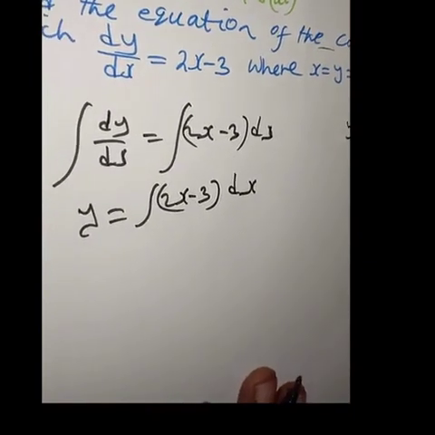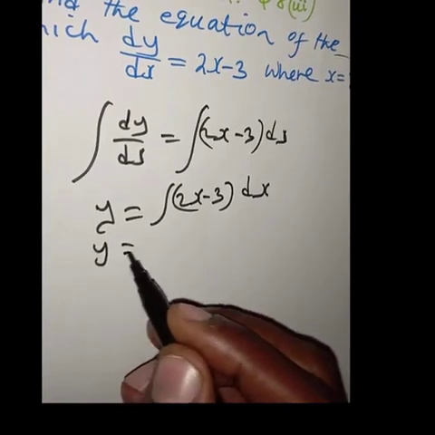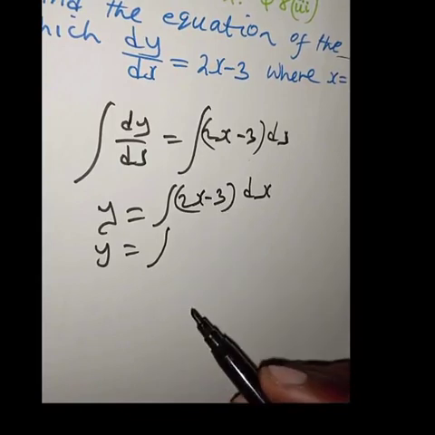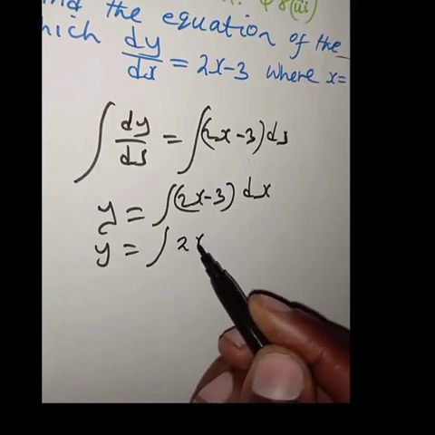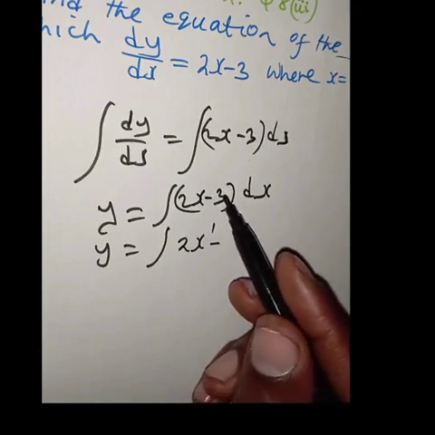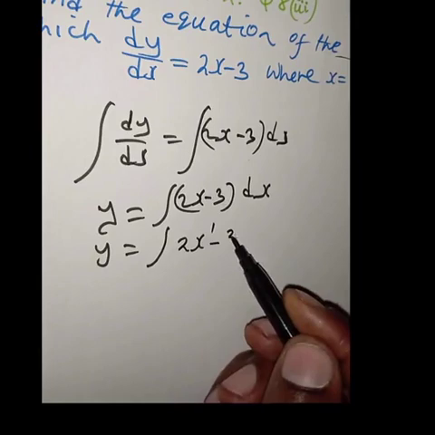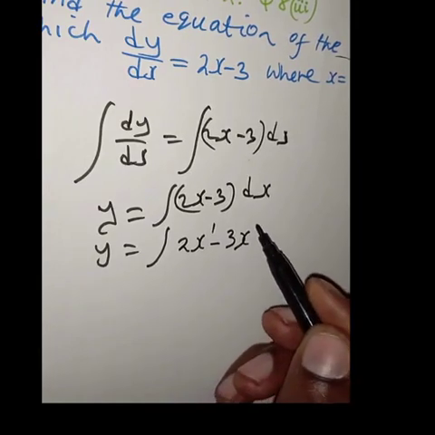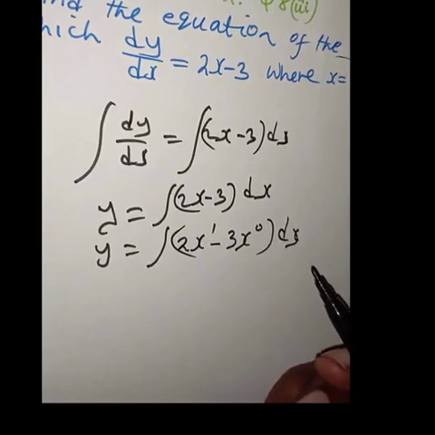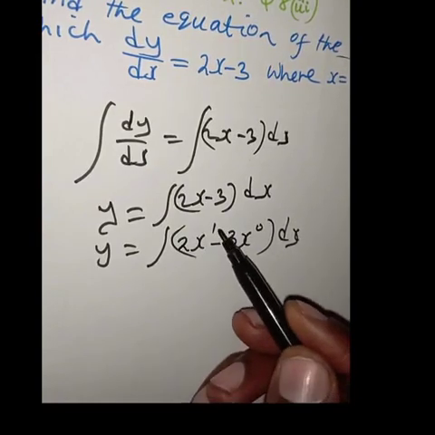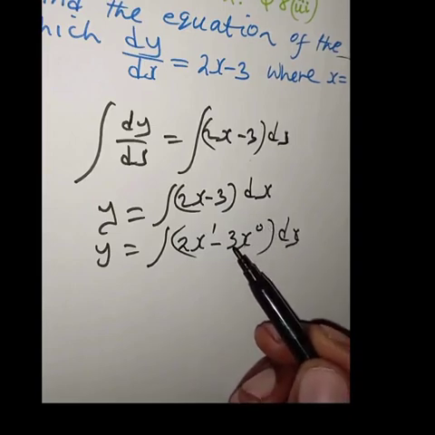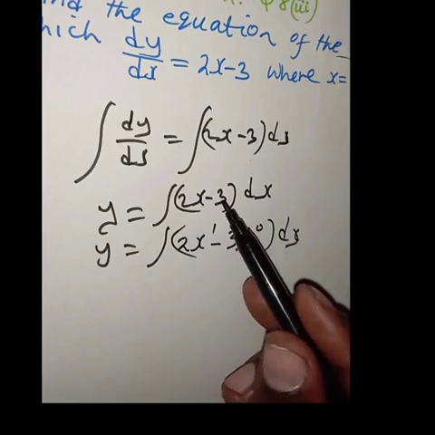Next, like I said earlier, when you are integrating, even differentiating, make sure you show the powers, and where there is no variable x, you should show it and put power 0. When we write like this, we haven't changed anything, because we know x to the power 0 is 1, and 1 times 3 will go back to that number.